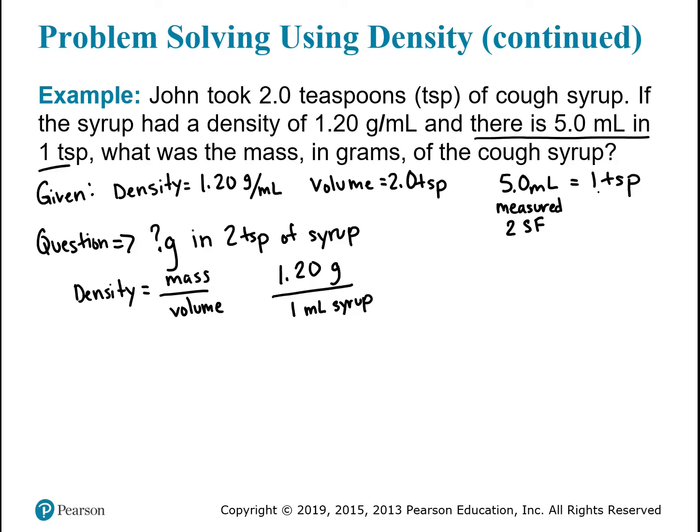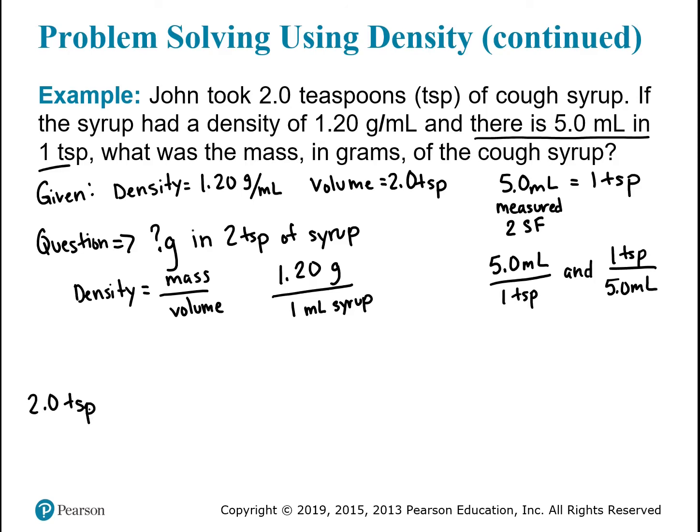Since we have an equality here, we can also write conversion factors for this equality. Looks like we have everything we need to set up an equation.